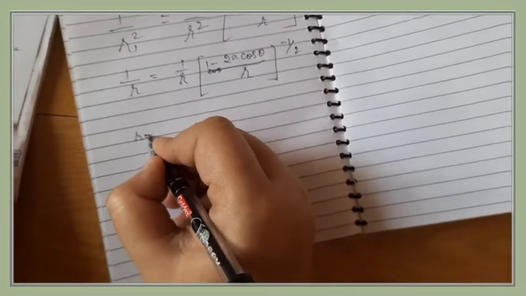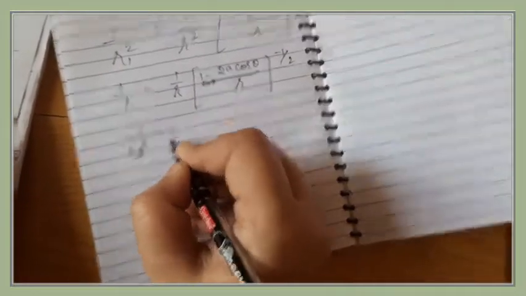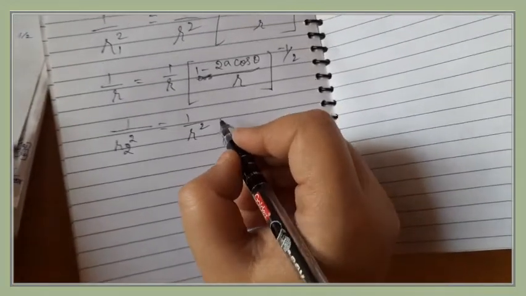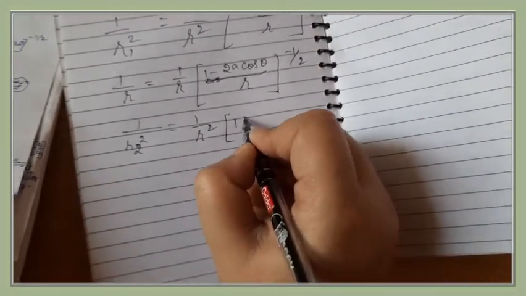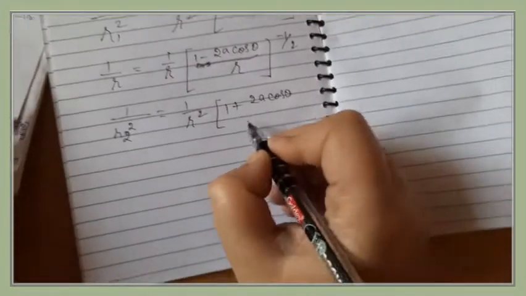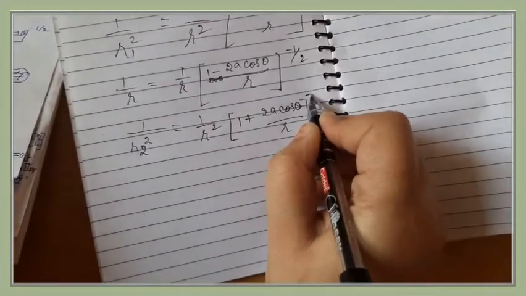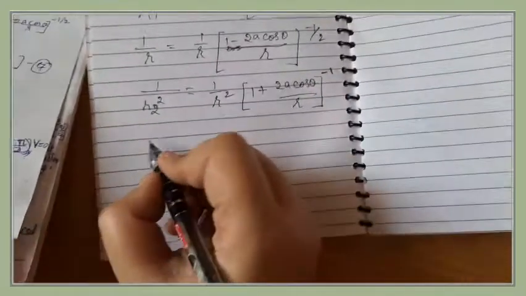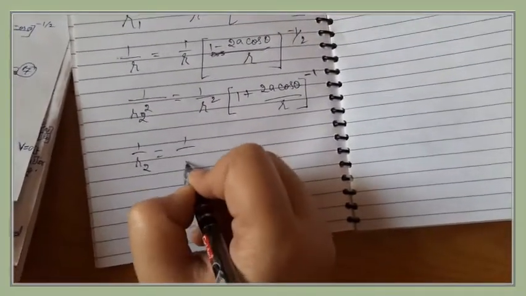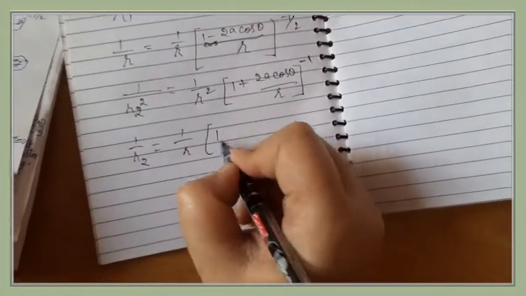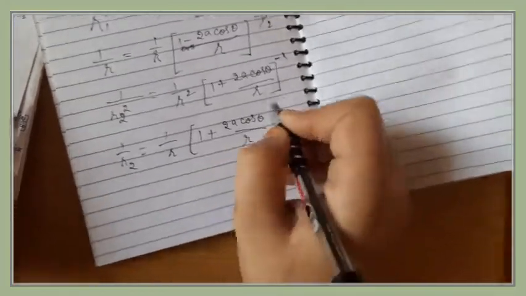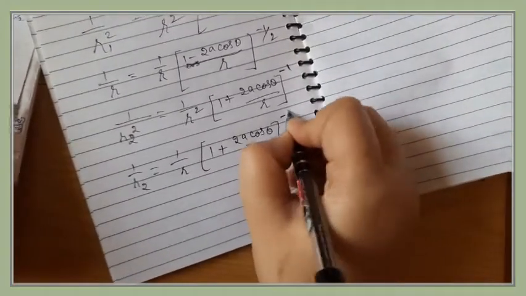Similarly, for r2 square, 1 by r2 square is equal to 1 by r square into 1 plus 2a cos theta by r raised to the power minus 1 on taking the reciprocal, and on taking the square root, because we have to find 1 by r2, it is 1 plus 2a cos theta by r raised to the power minus 1 by 2.